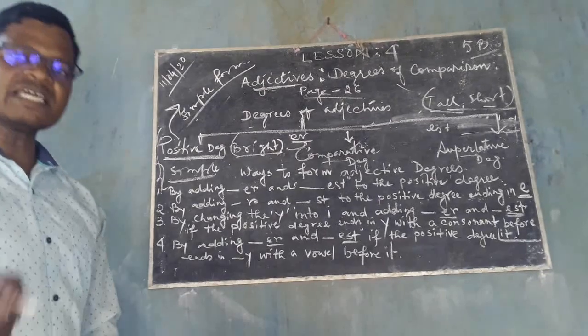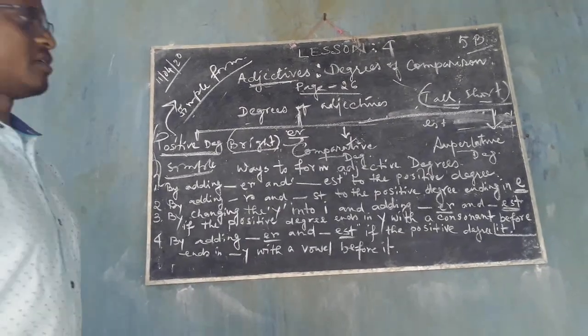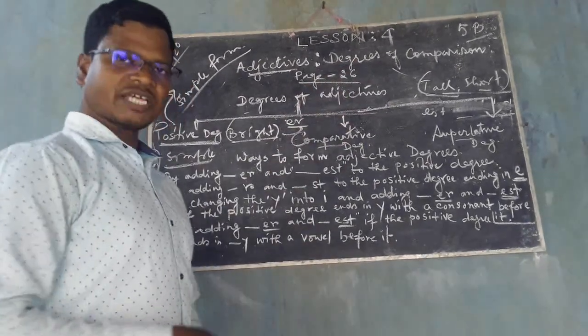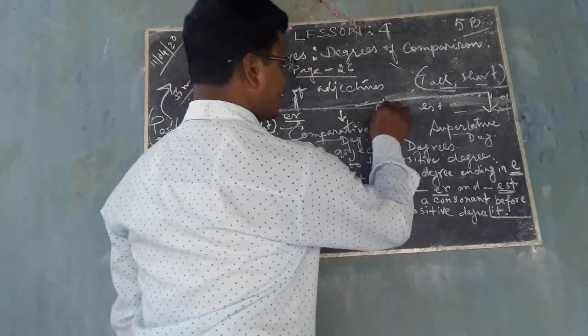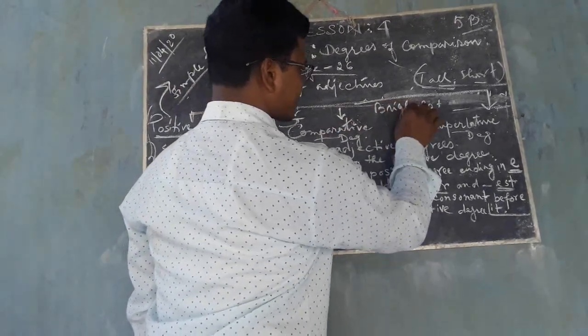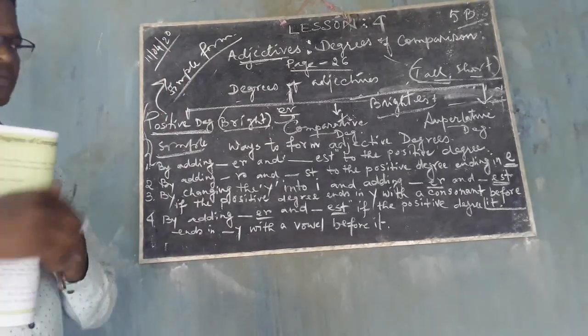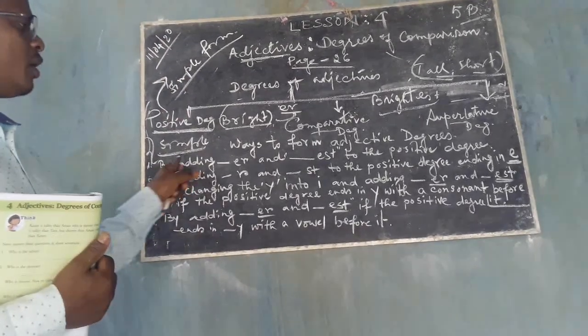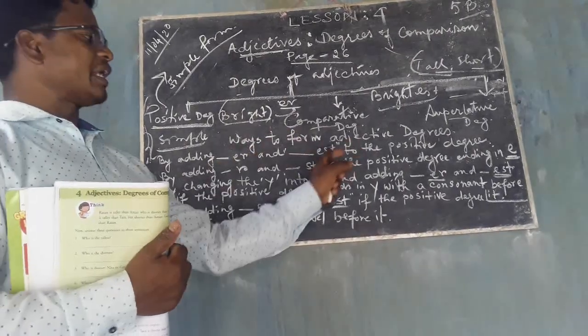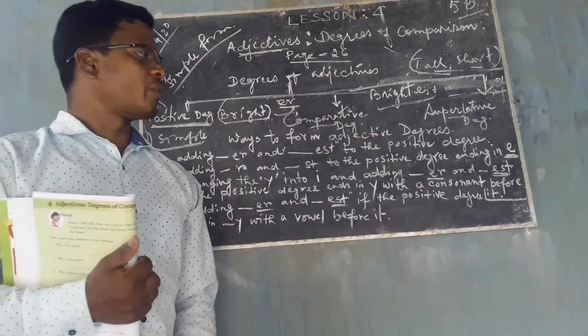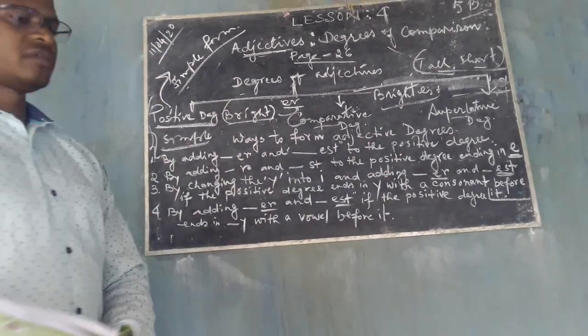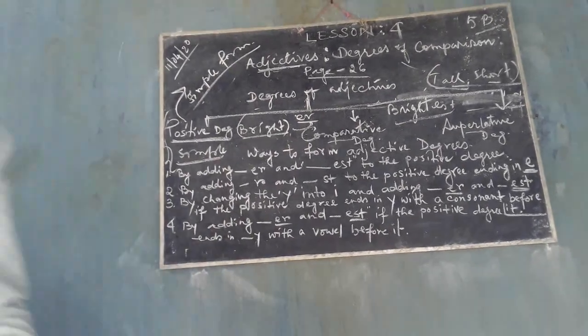I will add er, brighter. And in the superlative, what shall I do here? I will be writing brightest. So what is the first rule? By adding er and est to the positive degree. I will show you the next one also.